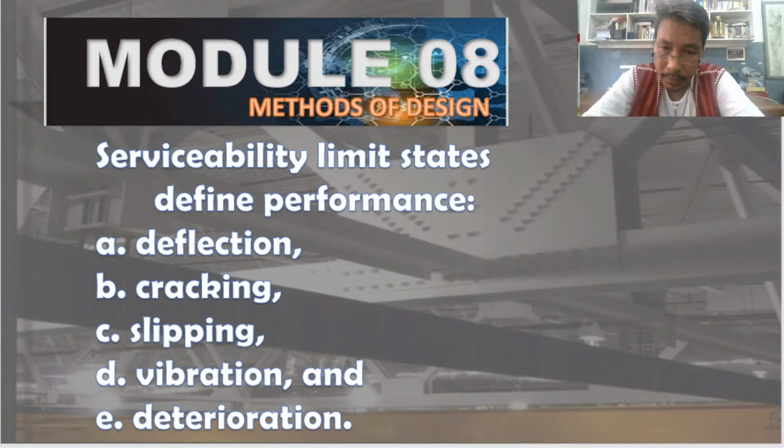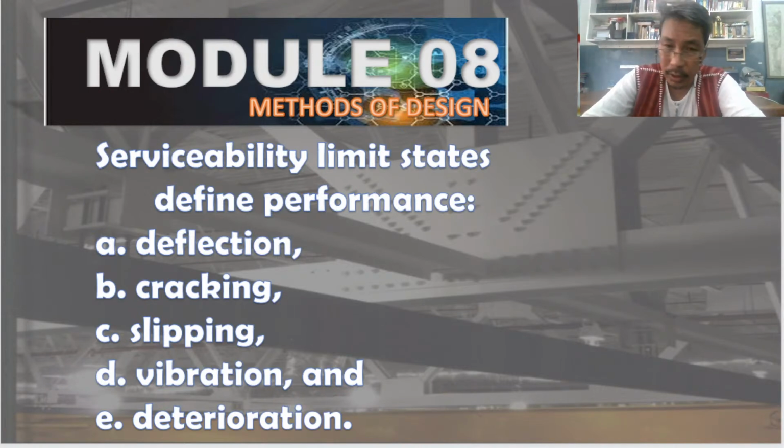And letter E, design against deterioration. So those are the things that we need to design. There are at least five different design target considerations with regards to ULS, and another five with regards to SLS.